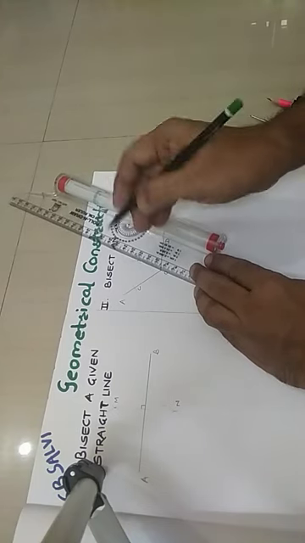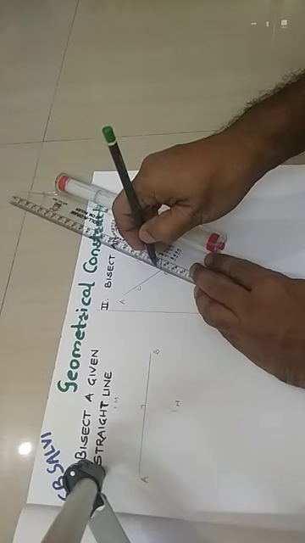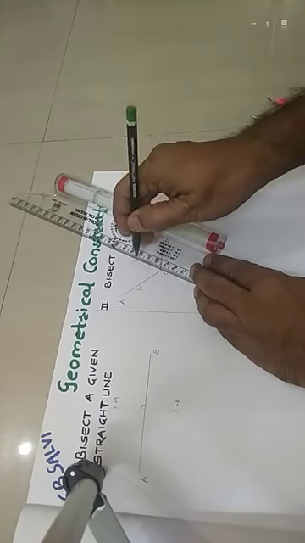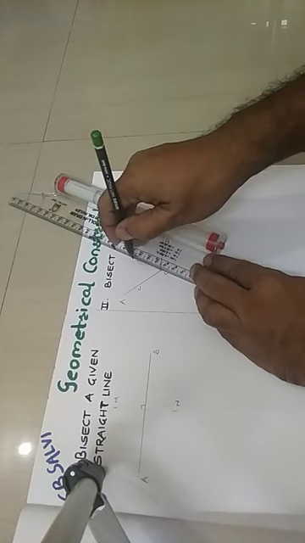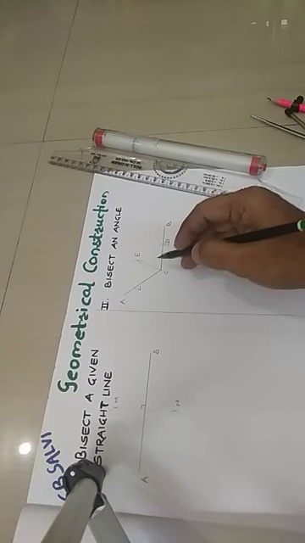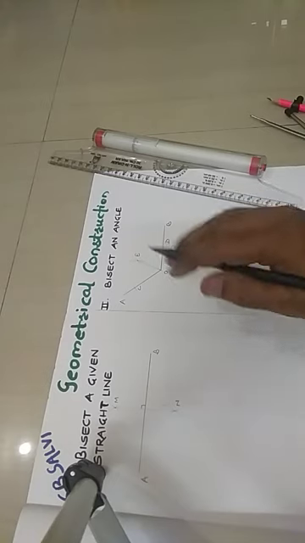So this is the procedure. So this is the angle bisector of an angle.